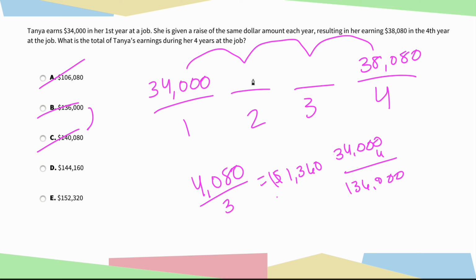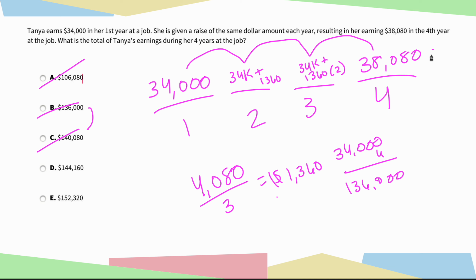And so I can either add those on or I can just think of this as 34. I'm going to use K. So $34,000 plus 1,360. This is going to be the 34K plus 1,360 times 2.